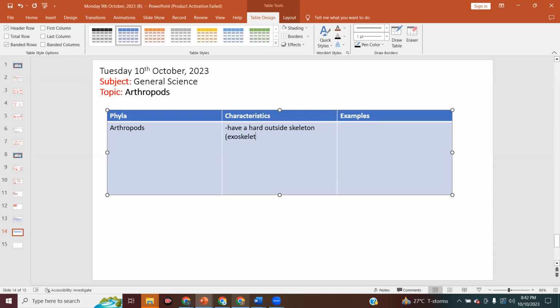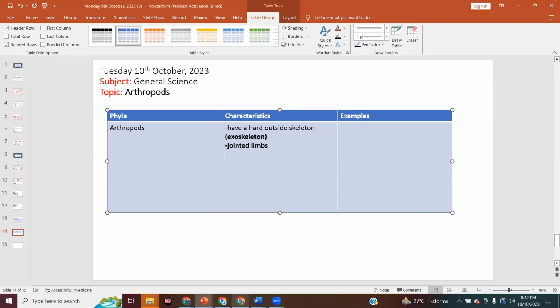So the hard outside skeleton is called the exoskeleton. What else? They have jointed limbs in general, and they have segmented bodies. So that's what we mean by arthropods in general: hard exoskeleton, jointed limbs, segmented bodies.